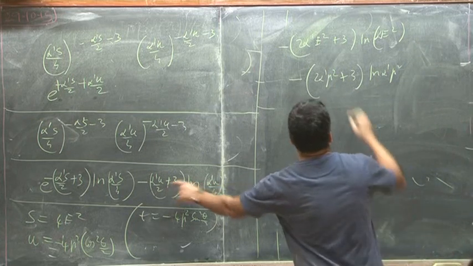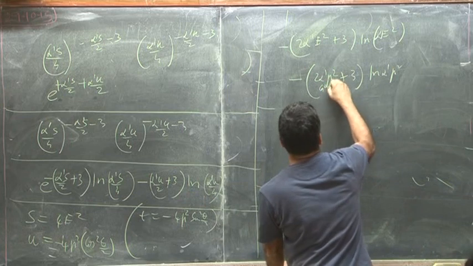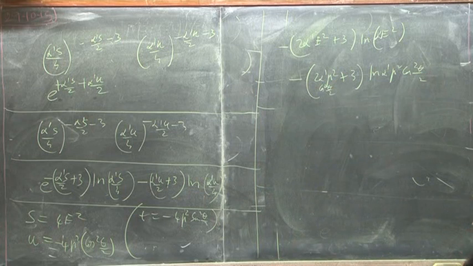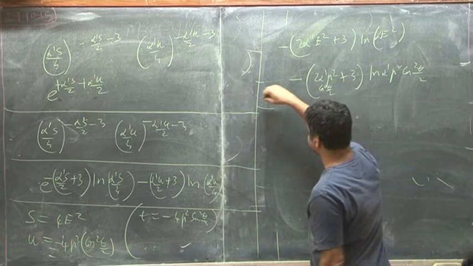Except that here we have cos squared theta by 2 and here we have cos squared theta by 2. Wasn't this the limit in which theta is near 0? Yes, it is. So it's cos squared.